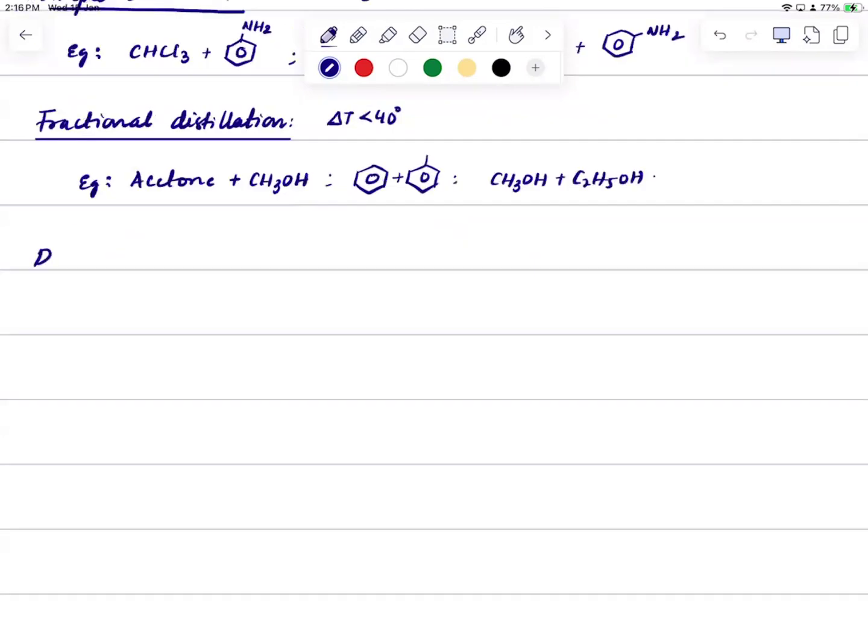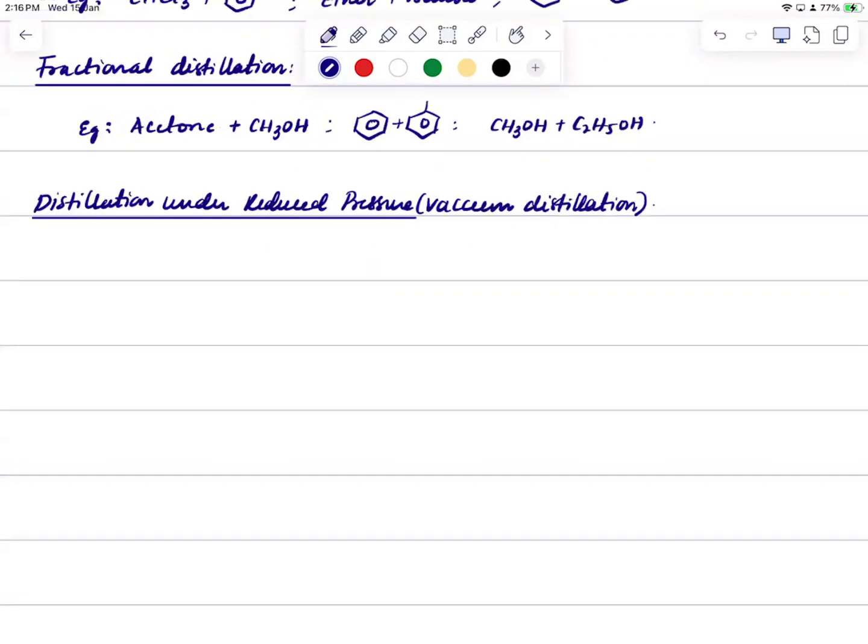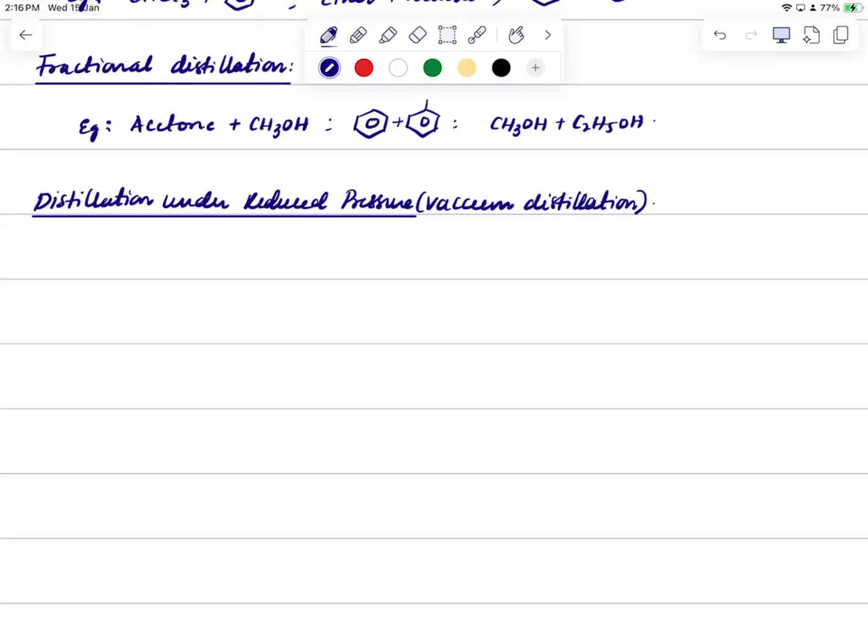Next one, distillation under reduced pressure, which is also called vacuum distillation. This is done for compounds whose boiling point is very high.